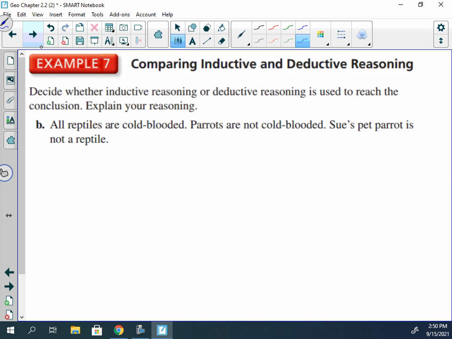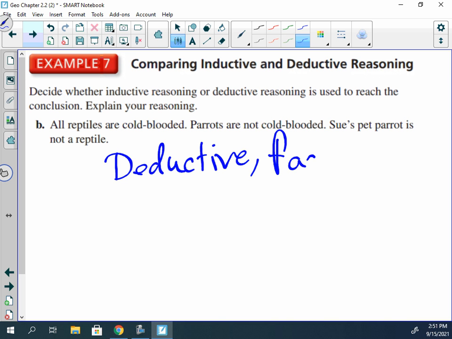All reptiles are cold-blooded. Parrots are not cold-blooded. Sue's pet parrot is not a reptile. Because we are using what? What are we using? Facts, definitions. Because it is a fact that all reptiles are cold-blooded.